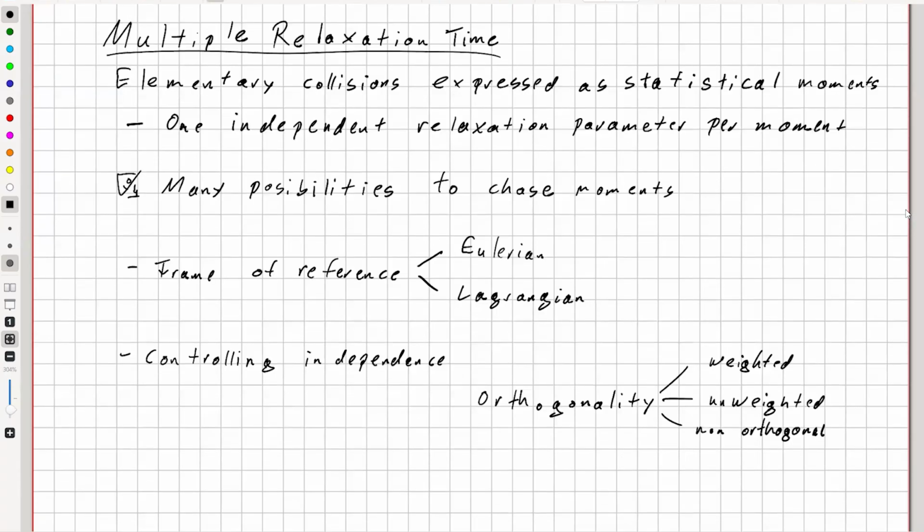There are other ways you could cause things to be independent. For example, you could use factorization. And what in the end we will run into is that we are using cumulants.